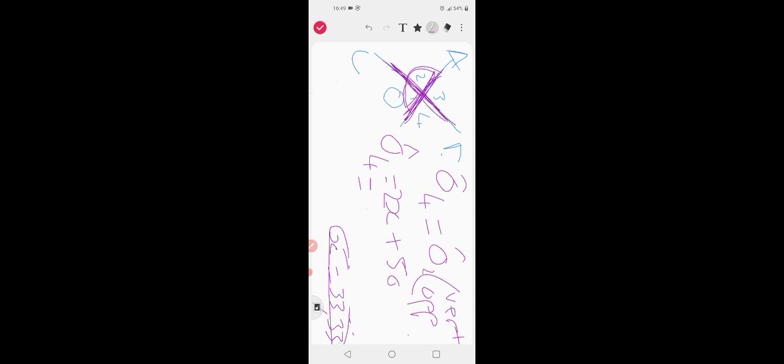Okay, we've got the value of x, so we can just work that out. So we've got 2 times 33.33 plus 50, because if we've already worked out the x, then we can just use that value.